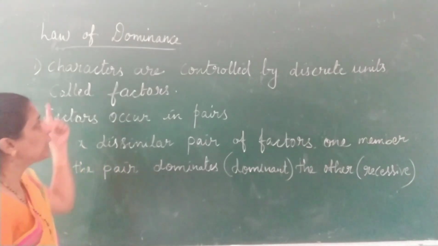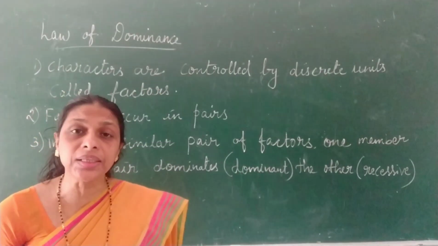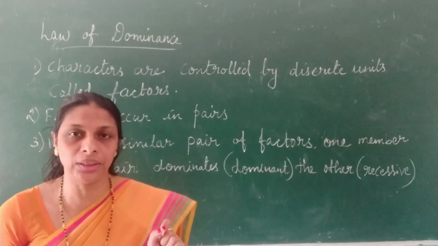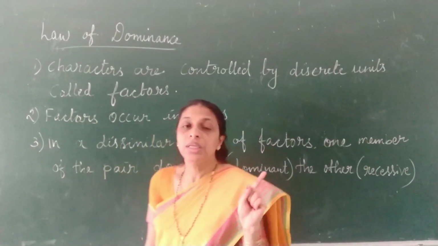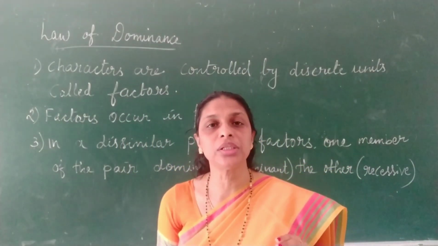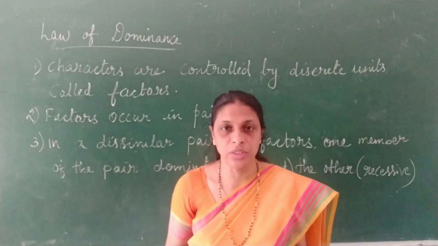So the first point, characters are controlled by discrete units. Discrete units means distinct units, what he called as factors. That's the first point. Law of dominance states that characters are controlled by discrete units called factors. Second point, factors occur in pairs. What's the meaning of that?